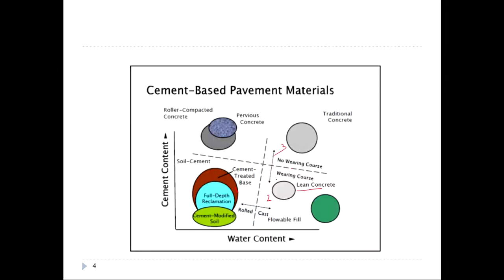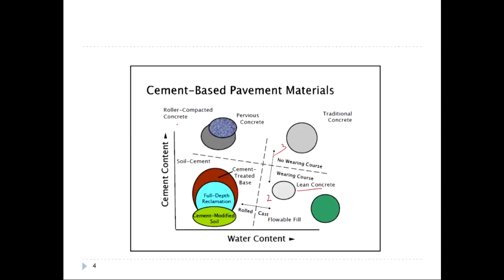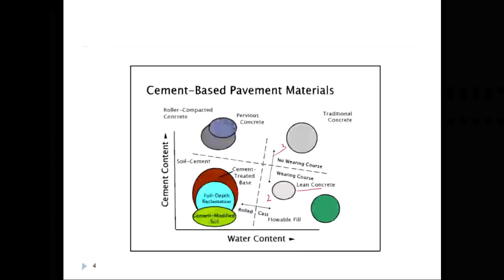Now, if I have a lower water content and a higher cement content, then this belongs to the category of what is referred to as roller compacted concrete. So basically, the workability of this mix is very poor in comparison with traditional concrete. It will have a very low slump value.